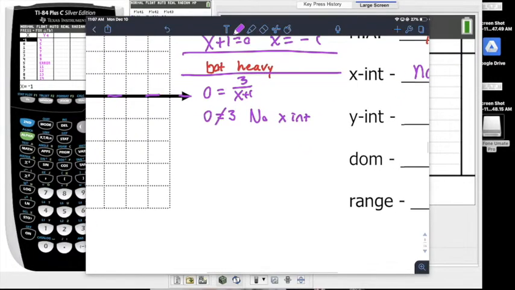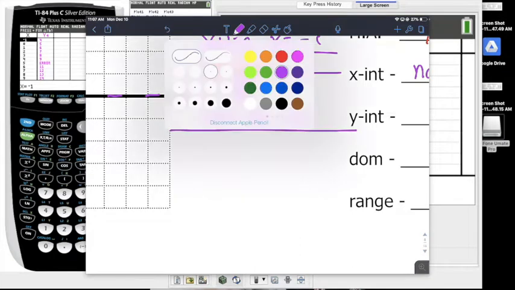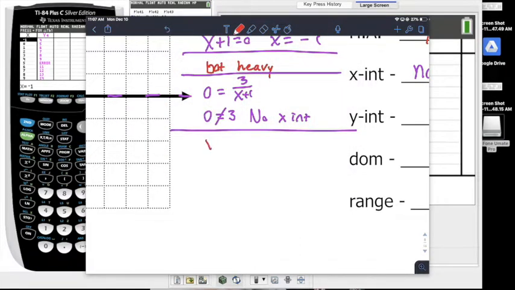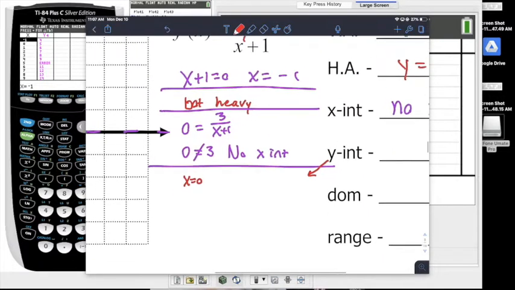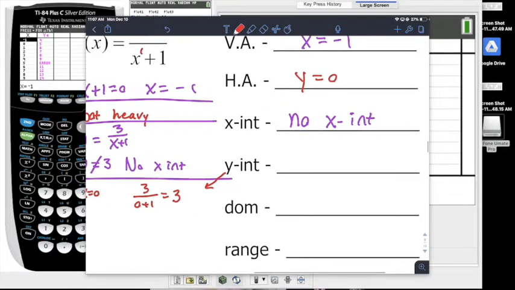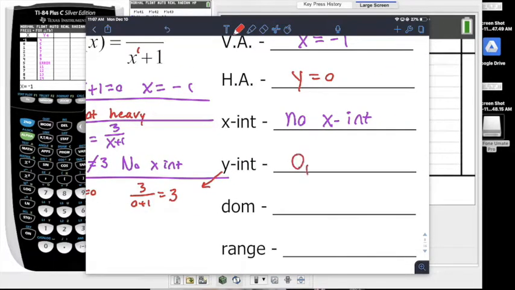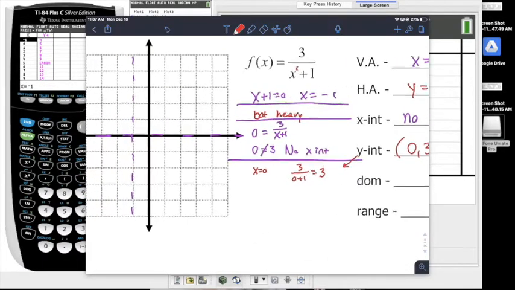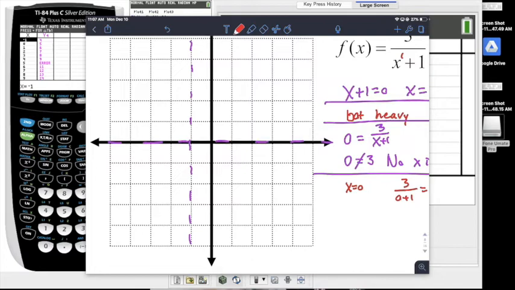Okay, y-intercept, all you're going to do is plug in 0 for x. So that'd be 3 over 0 plus 1, which comes out to positive 3. We'll write these always as an ordered pair, (0, 3) for your y-intercept. So actually, let's go ahead and plot that. (0, 3), that would be right up there.